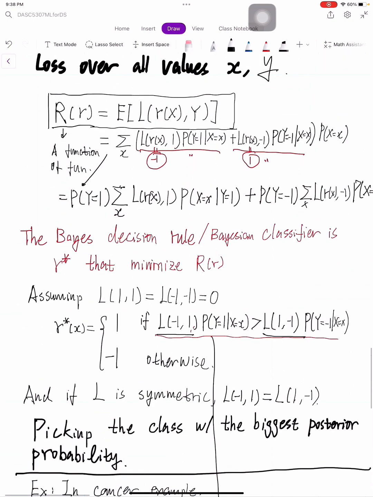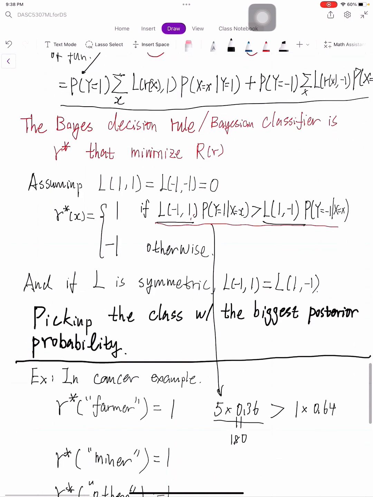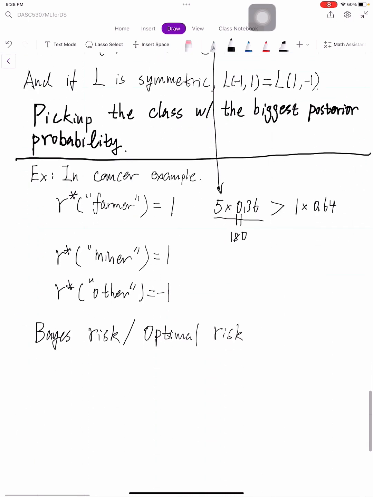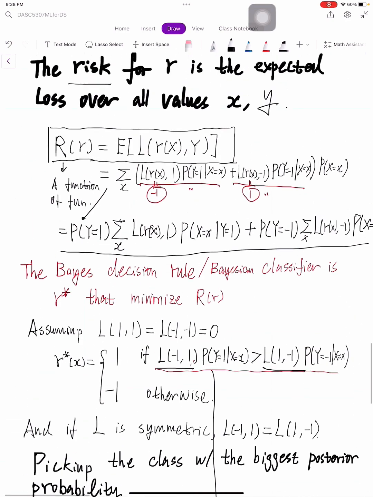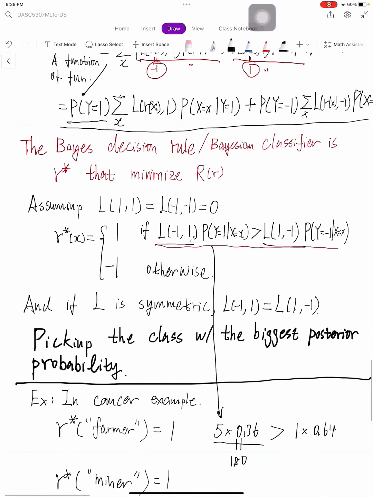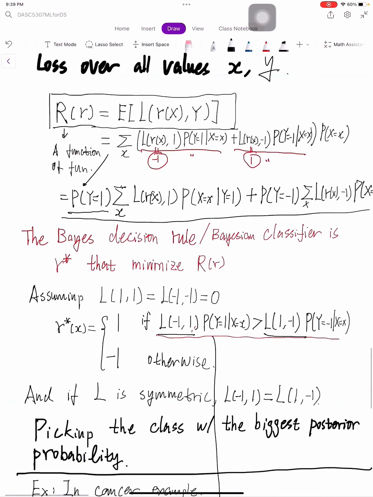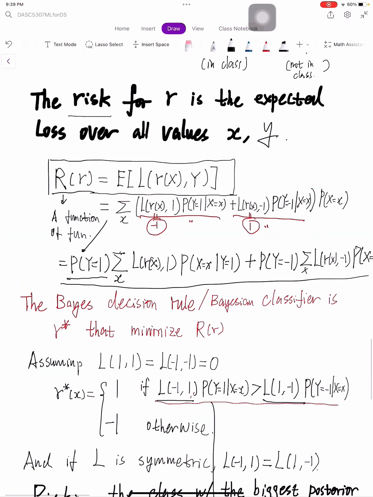By the definition, it's capital R, small r star, equals to the probability... The population who has cancer is 10%, right?